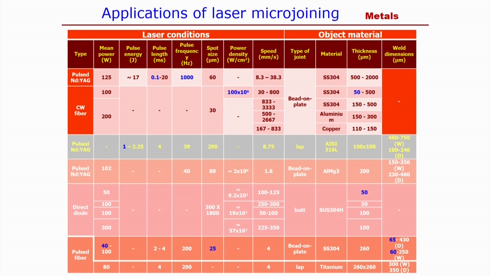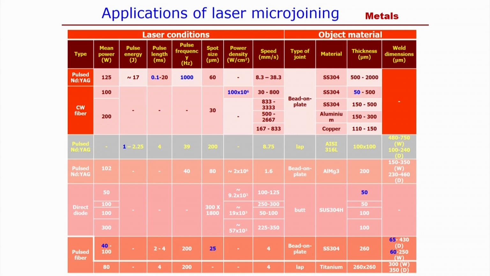First the pulsed Nd:YAG laser, continuous wave fiber laser, pulsed Nd:YAG laser, direct diode laser and pulse fiber laser. These are the typical lasers practically applied in microjoining processes, specific to joining metallic materials.